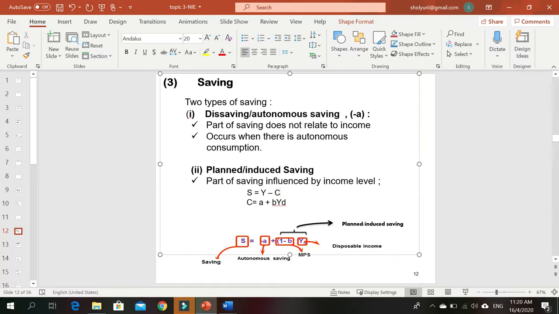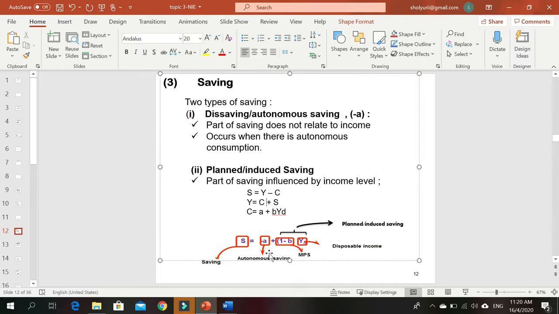Kat sini Y adalah C tambah S. Nilai income kita adalah perbelanjaan, consumption tambah dengan saving. So, kalau nak cari benda ni, dia kena tolak macam ni kan.